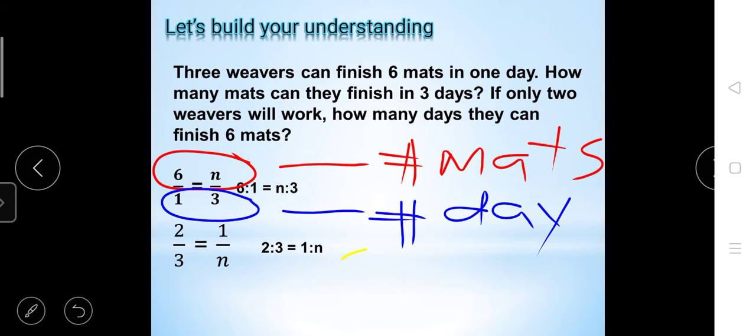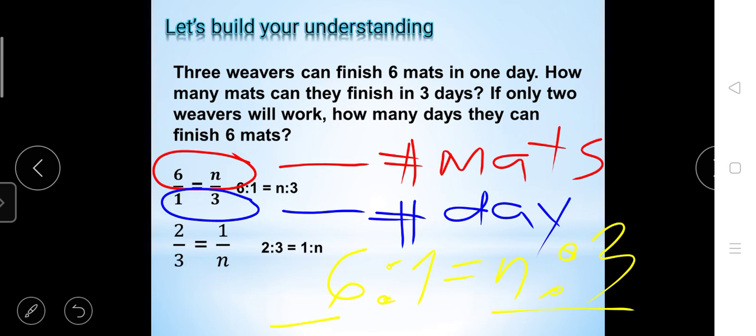Kapag nasa first column, yung number of mats, then number of days, pagdating dun sa pangalawang column, kailangan number of mats din yung susunod, and then number of days. Okay?